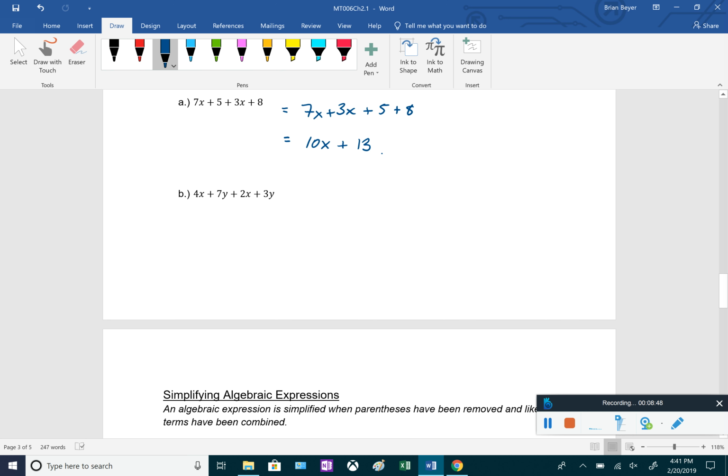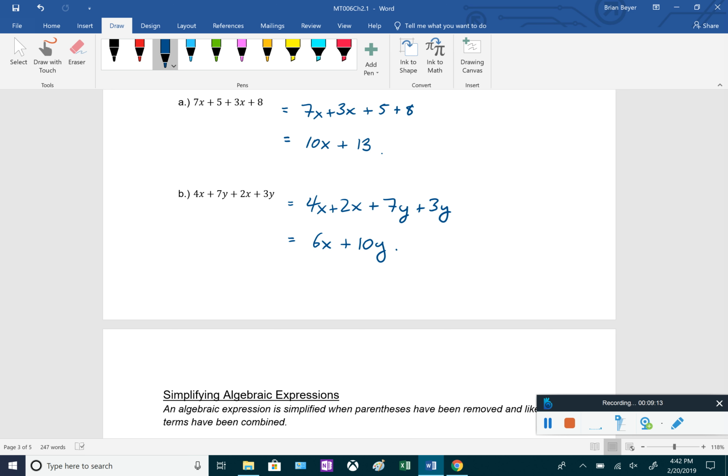For this next one, we have 4x plus 7y plus 2x plus 3y. We can rewrite this and put the like terms next to each other to help us out: 4x plus 2x plus 7y plus 3y. 4x plus 2x is 6x, 7y plus 3y is 10y.